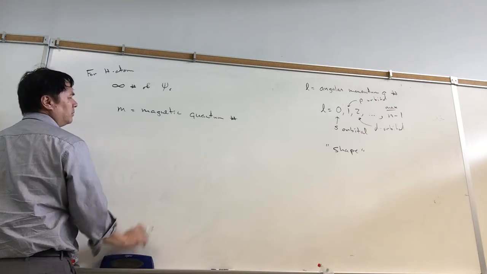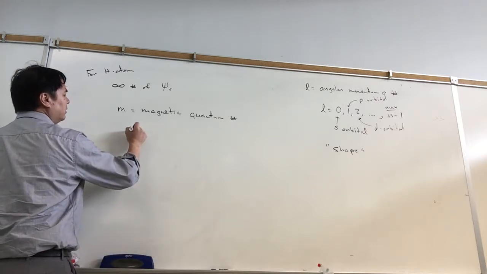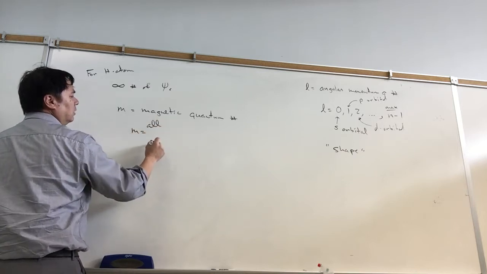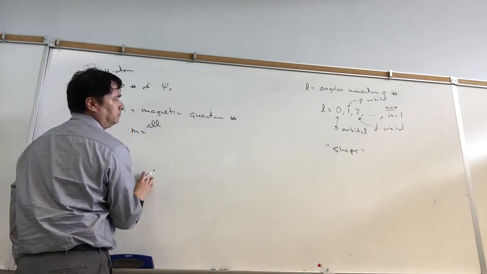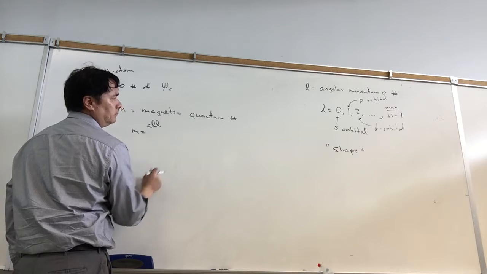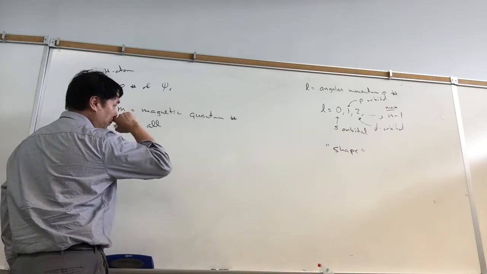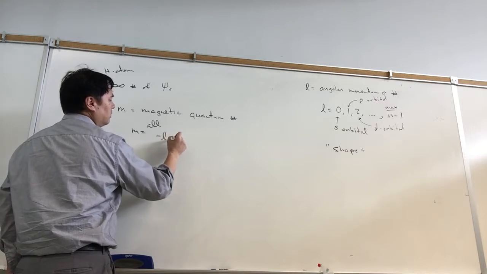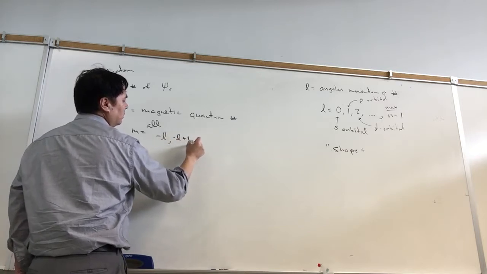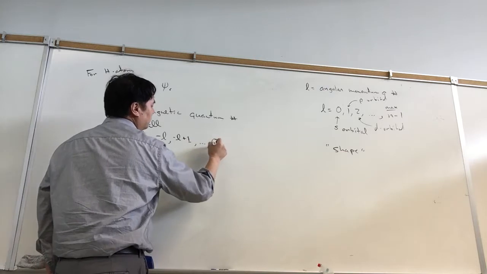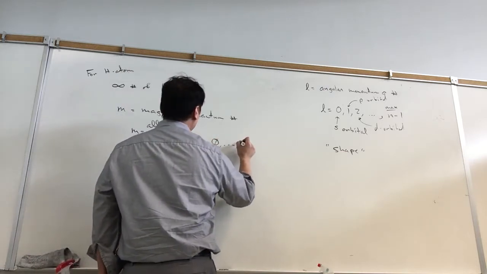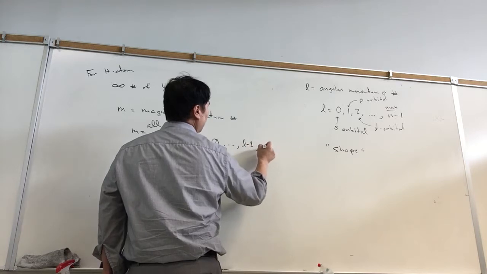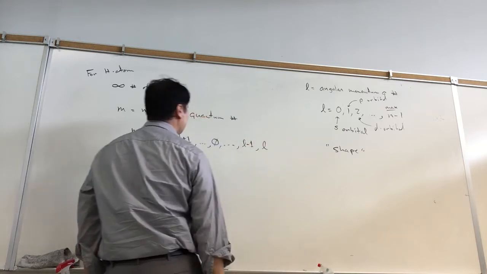The magnetic quantum number is going to vary. m equals all values from minus L to minus L plus 1, through 0, through L minus 1, to plus L.